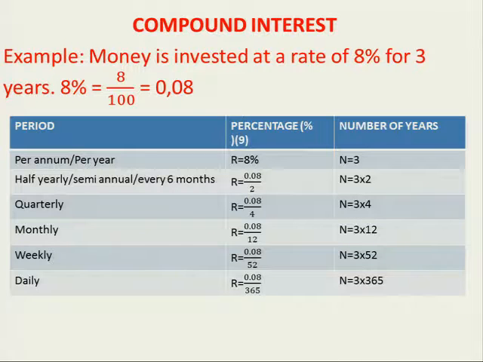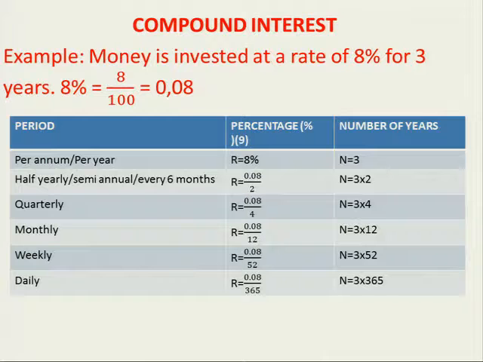Our interest is going to be divided by 12, and then our number of years is going to be multiplied by 12, which is going to give us 36. We come to weekly. We have 52 weeks in 1 year. So our interest will be divided by 52, and then the number of years will be multiplied by 52.